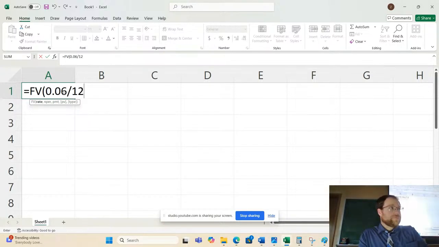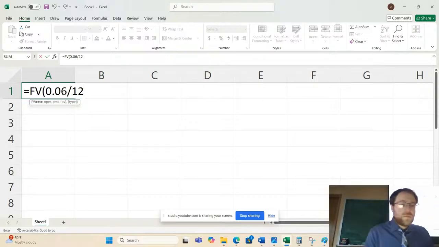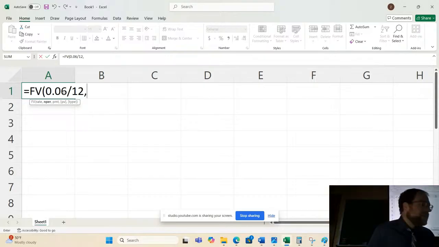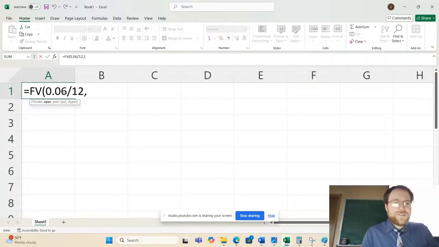Wait, what? Okay, so that's the 6%. Why are we dividing by 12? Oh, it's compounded monthly. And comma, n per would be the number of times it is going to compound in a year. So if it's compounding monthly in a year, it would compound 12 times.